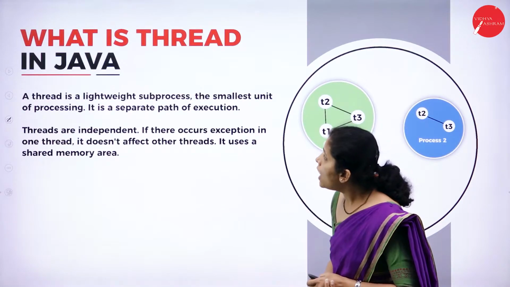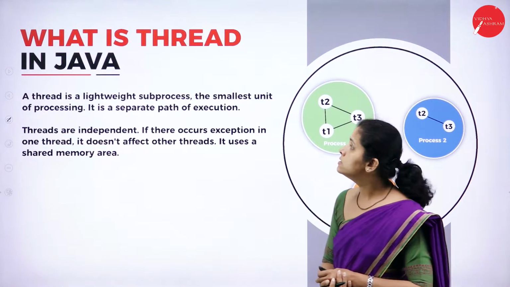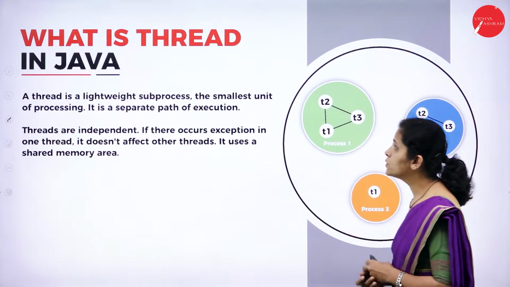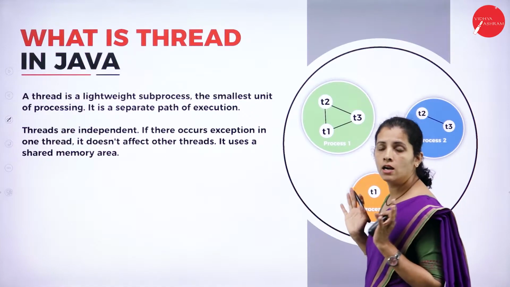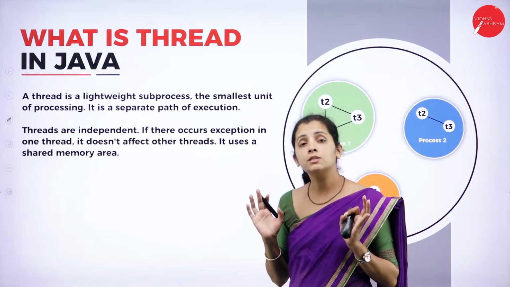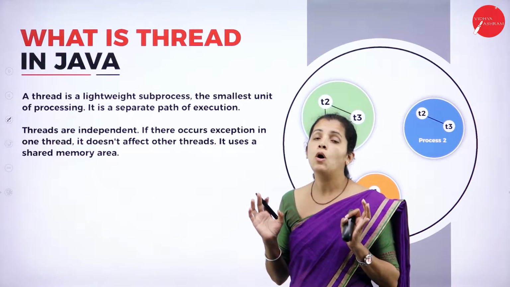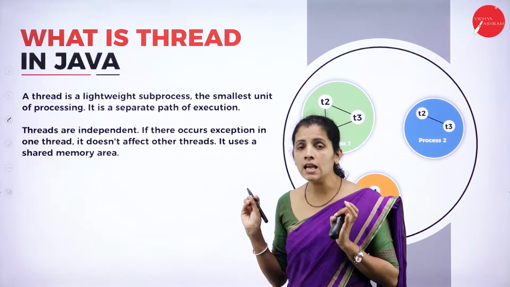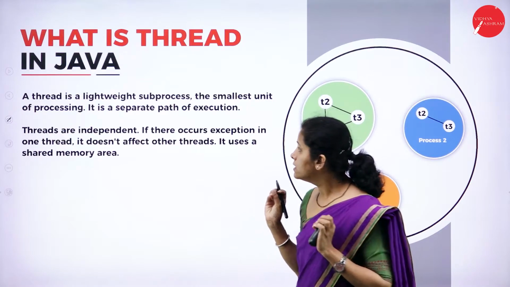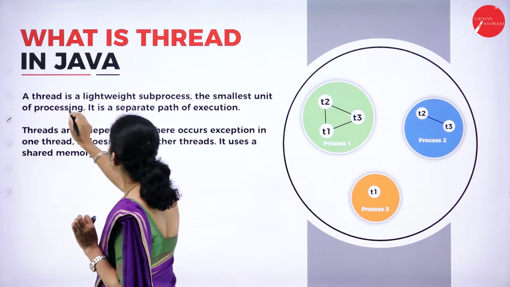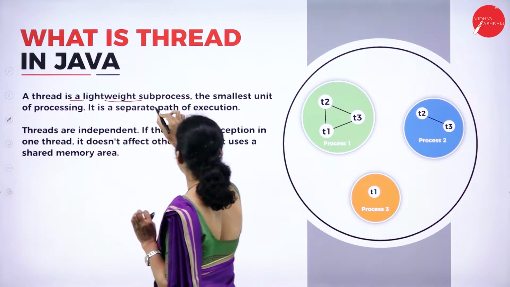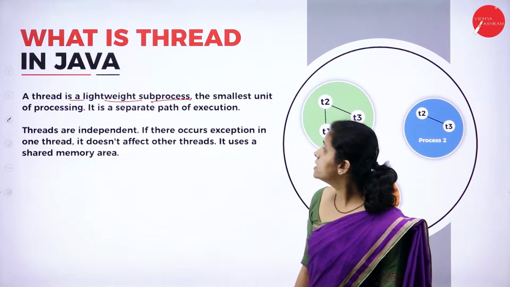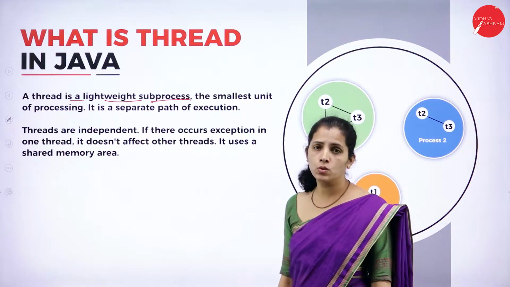Now, what is thread in Java? We know that the smallest unit or lightweight process itself is termed as thread. A thread is a lightweight sub-process, or the smallest unit of processing.